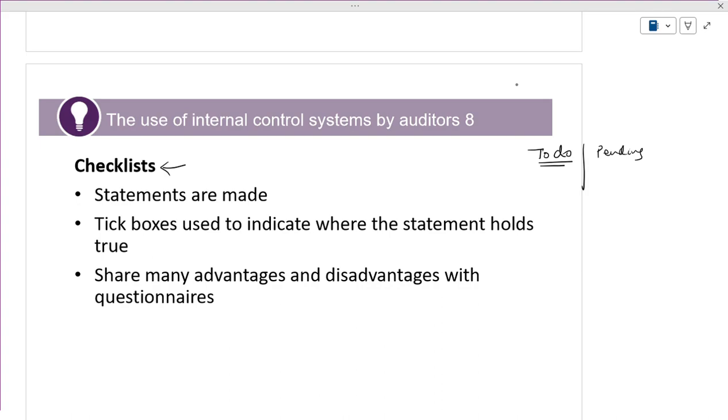You should know what are the things you have to cover during the client's visit. So what are the statements you have to make? Tick boxes are used to indicate statements hold true, and share many advantages and disadvantages with the questionnaires.